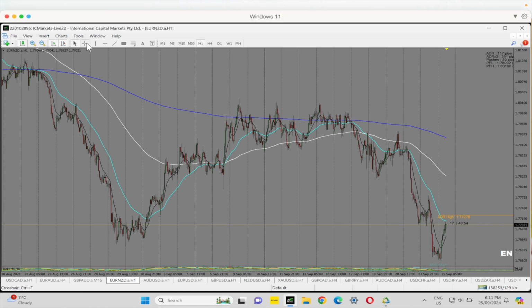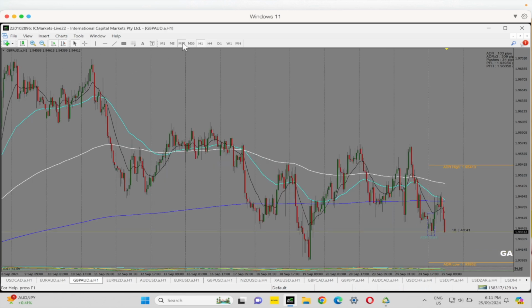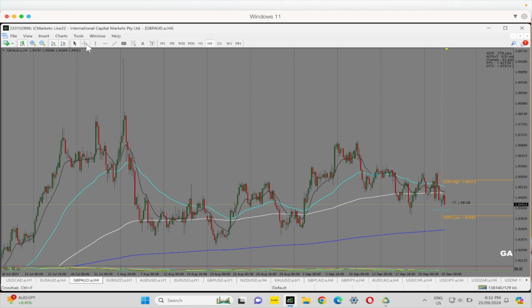Now in terms of pips, for those who love pips, you can see this whole move was 202 pips. The one that I took on GBPAUD was about 187 pips.